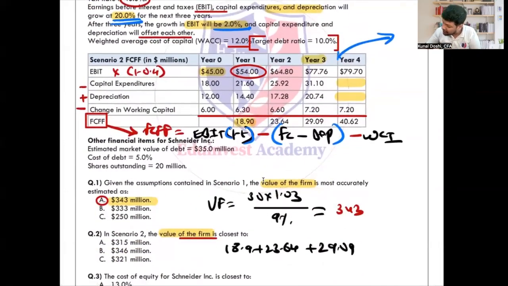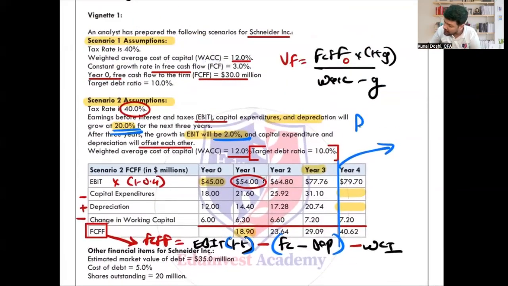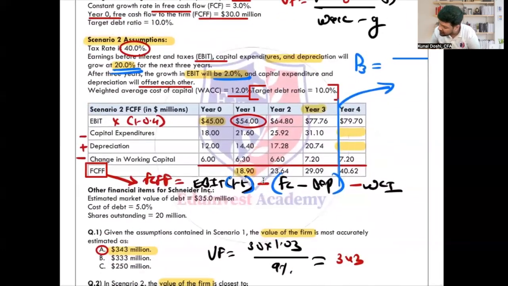How do we calculate the terminal value P3? It's based on D4, here FCFF: the fourth year FCFF, which they've already given, 40.62, divided by WACC minus the growth.